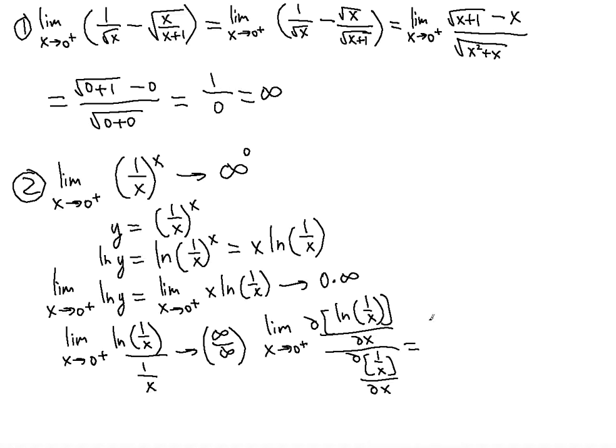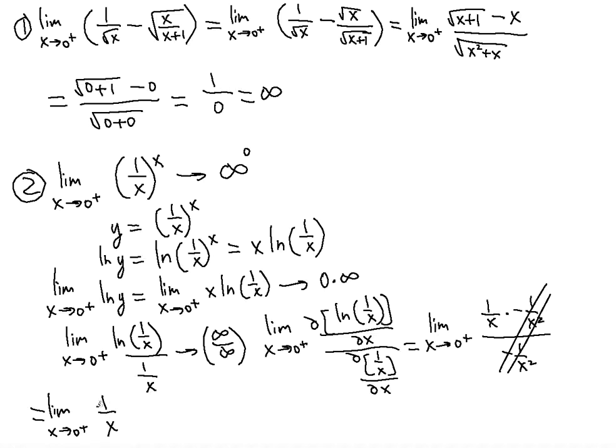So that's going to give us the derivative of ln, which is 1 over x, multiplied by the derivative of the inside, which is minus 1 over x squared, divided by the derivative of the bottom, which is minus 1 over x squared. So these two cancel out. So you will have the remaining 1 over x, right? And 1 over x, you can evaluate at 0.